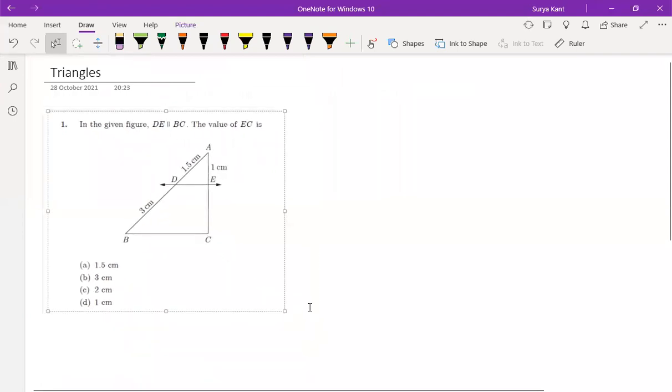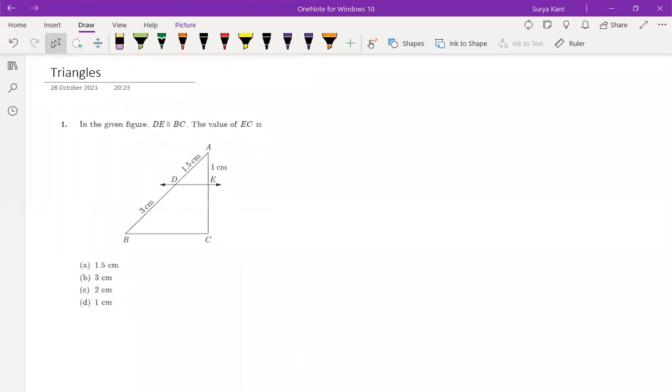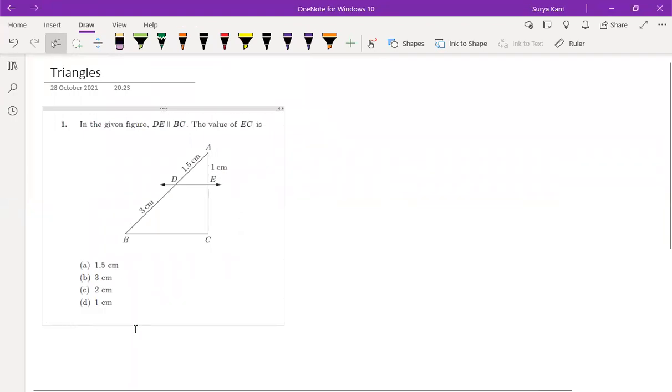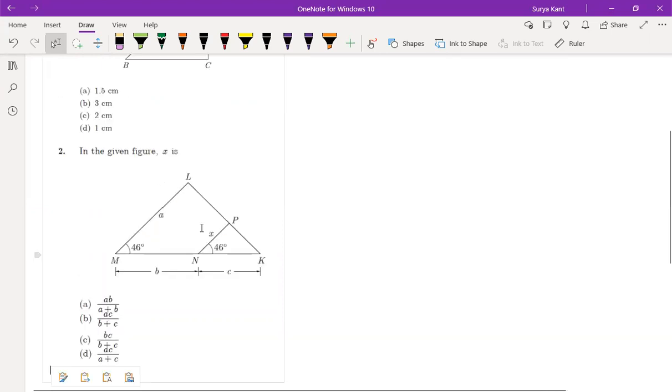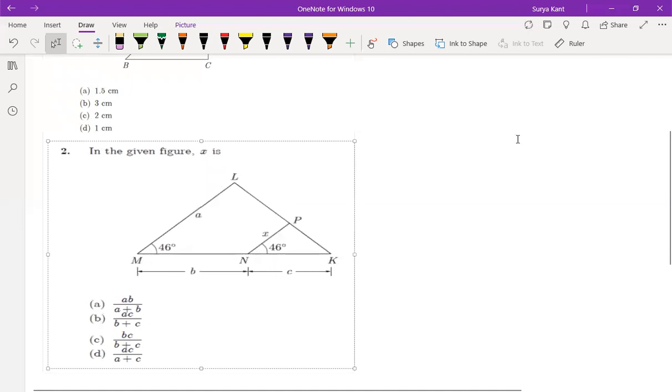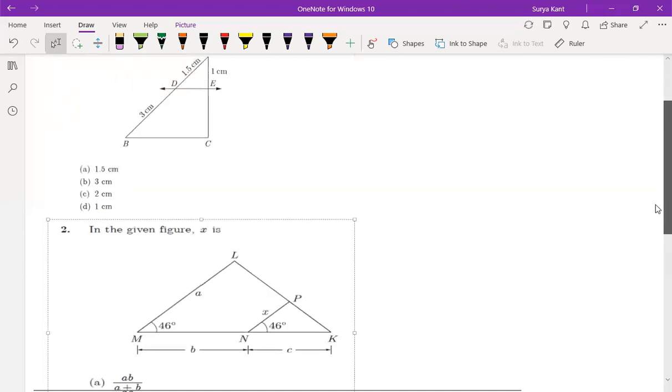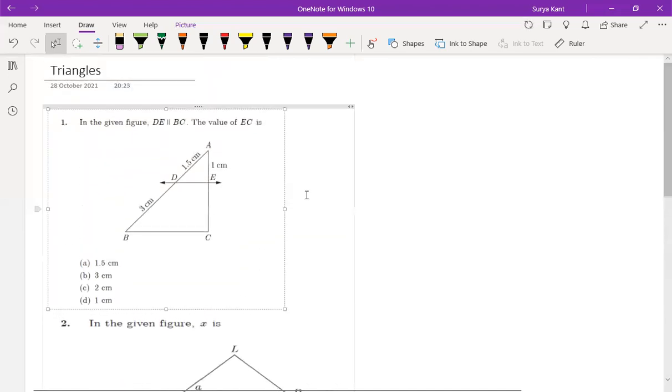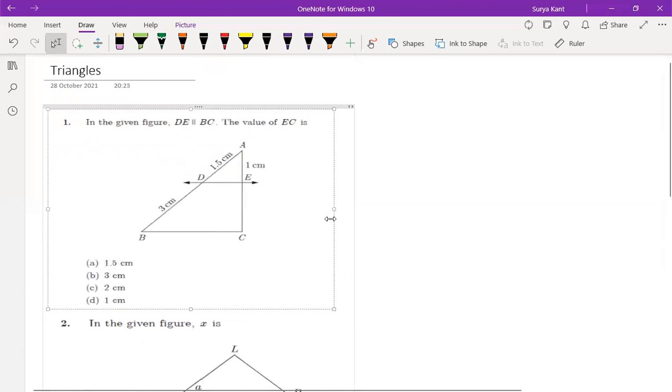Answer is 2, right? Yeah, it's true. Next. What is the value of x over here?